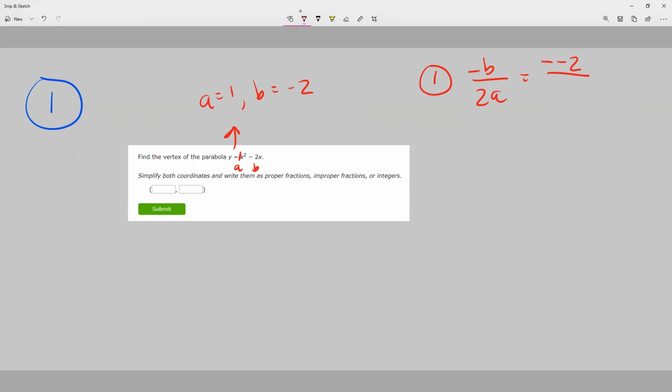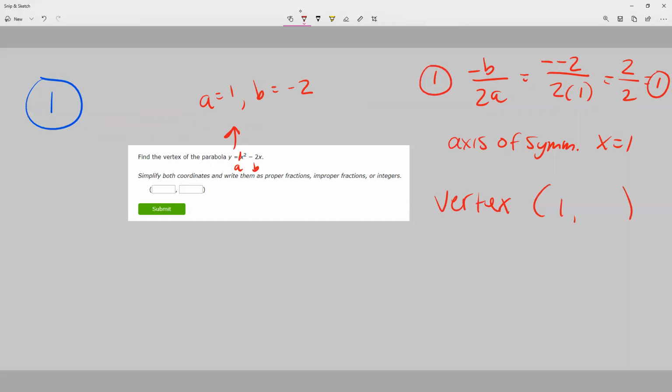So both are negative signs, and then 2 times a. So negative negative 2 is positive 2, divided by 2 is 1. So that means my axis of symmetry here, if I was trying to find that, would be x equals 1. But that also means for my vertex that my x coordinate is 1. So far I know that part.